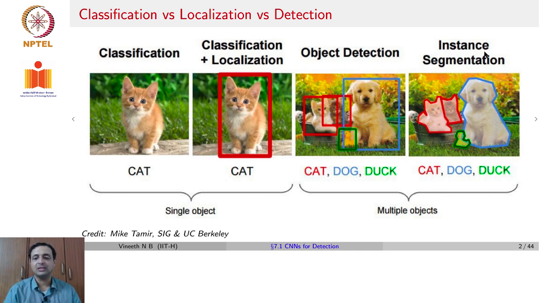Finally, there is the task of segmentation, where the job is to label each pixel as belonging to one of, say, C classes, depending on the number of classes we have. So we will start this lecture with detection and then move on to segmentation as well as other tasks later this week.